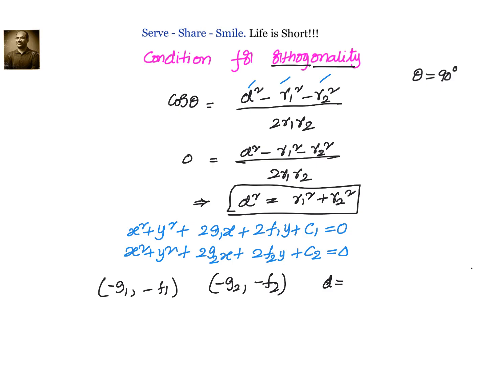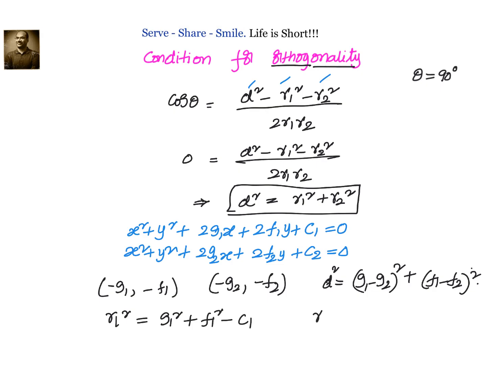So d will be the distance between them, or can I write down d square equals to g1 minus g2 whole square plus f1 minus f2 whole square. That is the formula for d square. What is r1 square? Let us see. r1 square is g1 square plus f1 square minus c1. Similarly, r2 square is equals to g2 square plus f2 square minus c2.